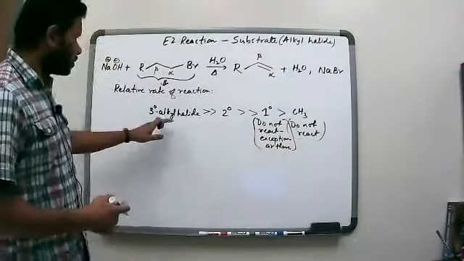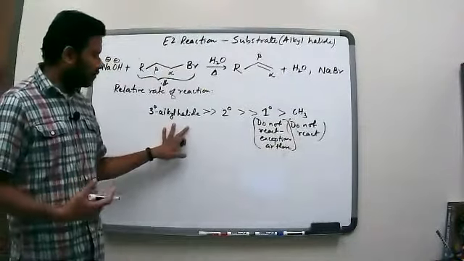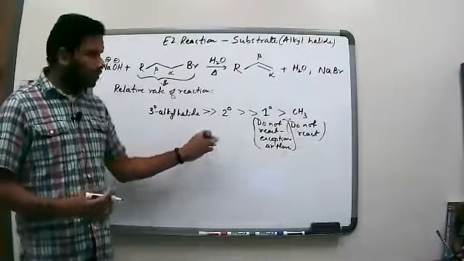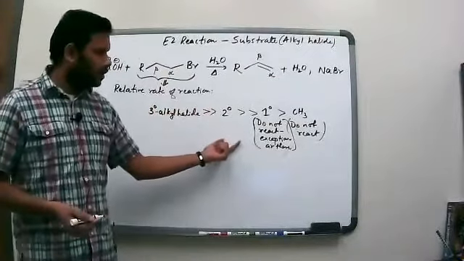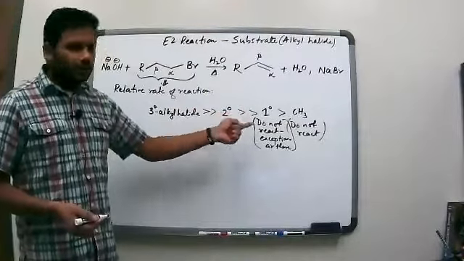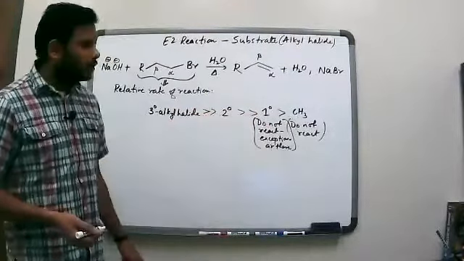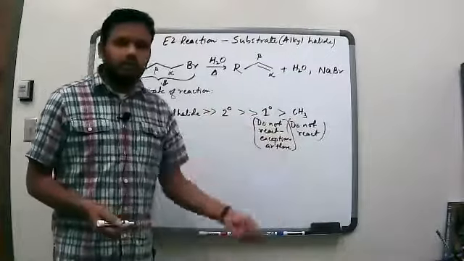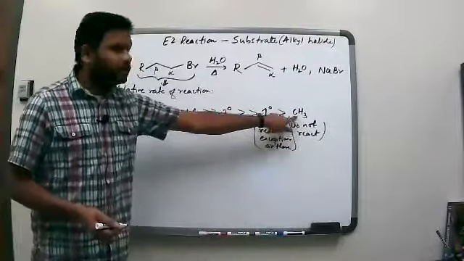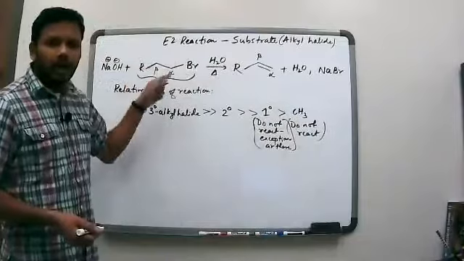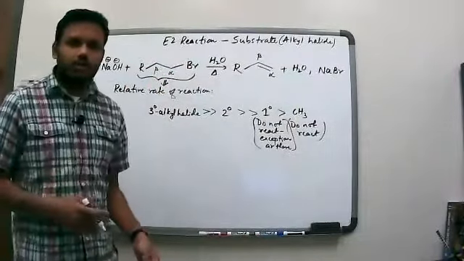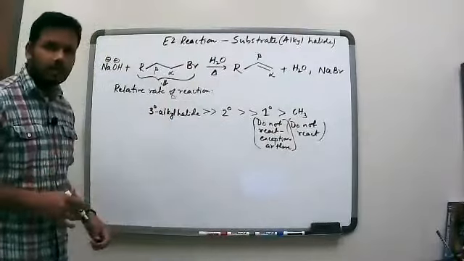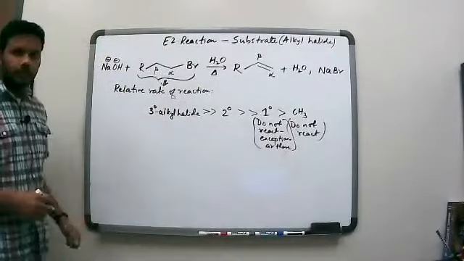Tertiary alkyl halides react the fastest, then secondary. So it is pretty much a reaction of tertiary alkyl halides and secondary alkyl halides, except for some scenarios; primary would not react. And methyls just do not react because methyls do not have a beta hydrogen, so they cannot do an elimination. So methyls only do substitution, in fact, only SN2 reactions. Okay, so that's the order.